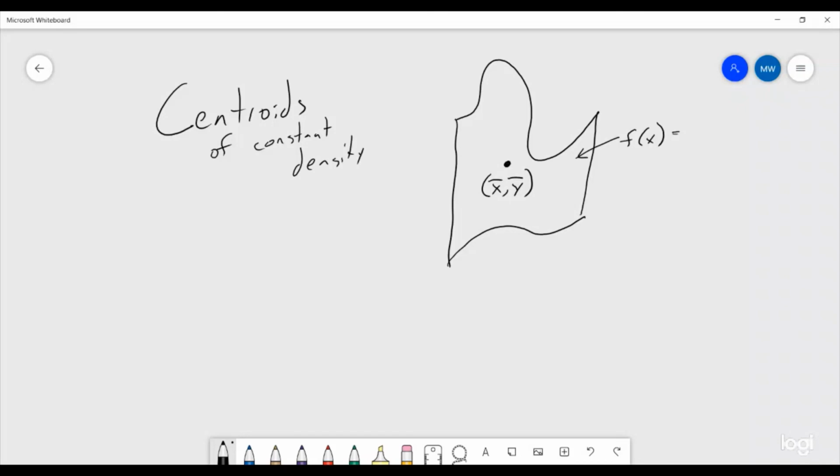Here f of x is measuring the height of the object.